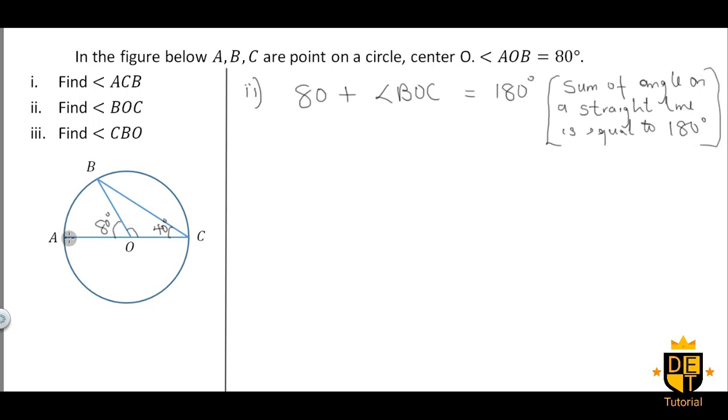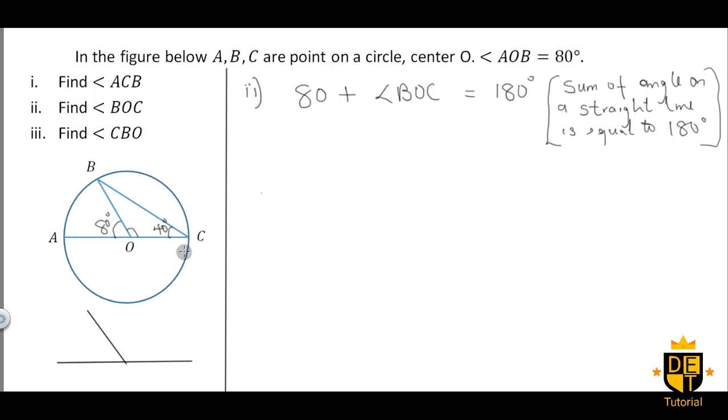So you can see this straight line. In this straight line, this complete angle from here to here is 180 degrees. Let me draw that better. I have the straight line like this.